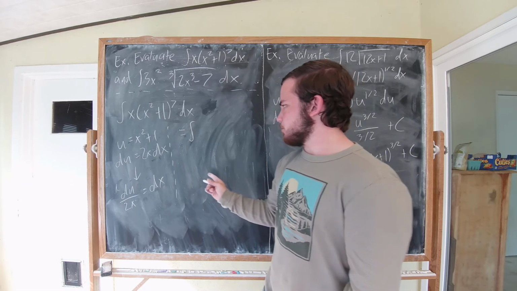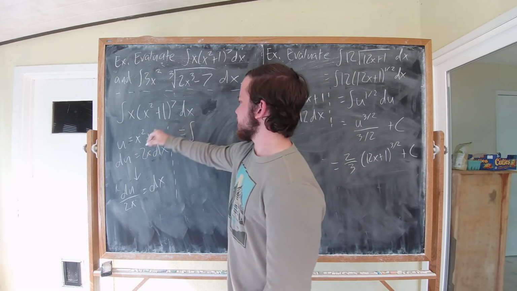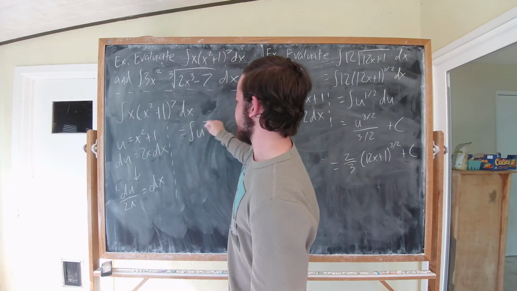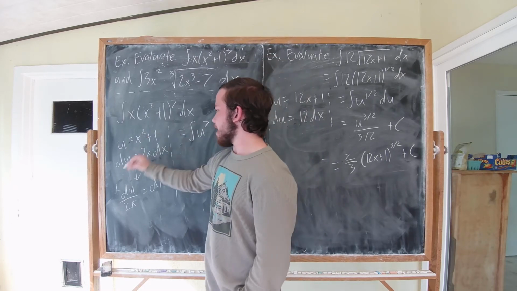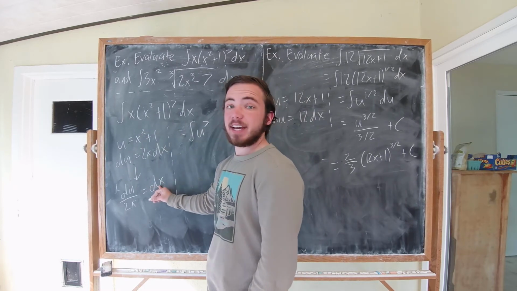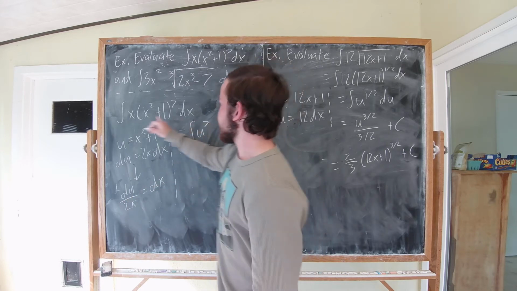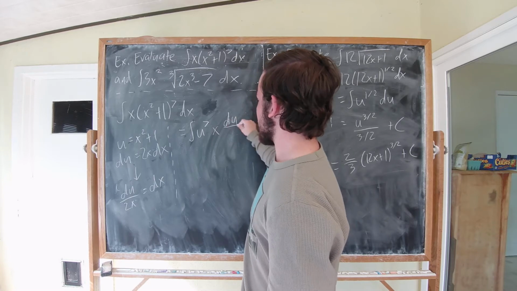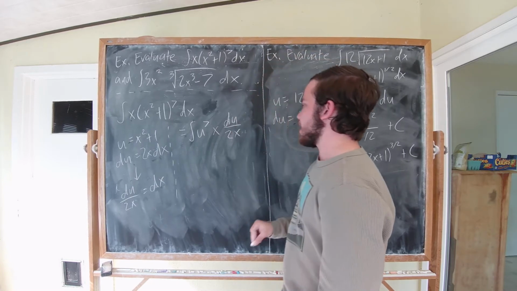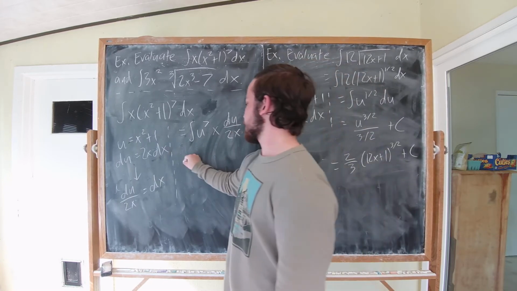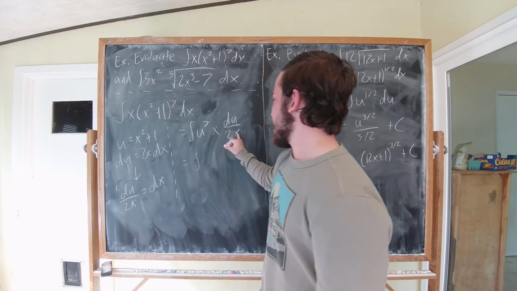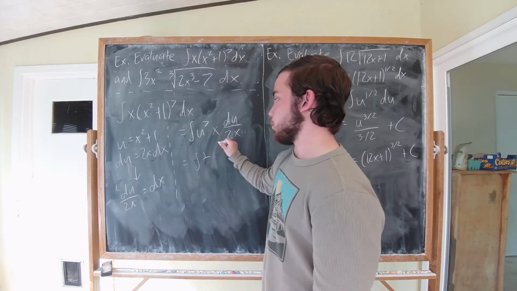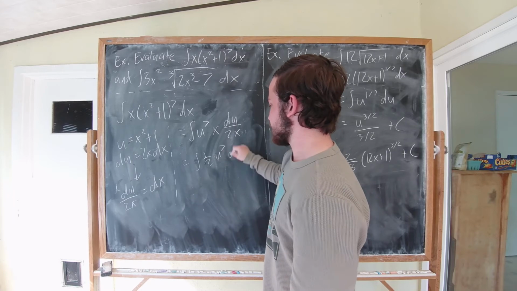If we just plug in what we have, this fits. We get u to the 7th. I don't have a natural du by itself, but I do have dx and I can plug in. I still have this x out here, and I have du divided by 2x. X and x cancel, and we're left with 1/2 u to the 7th du.